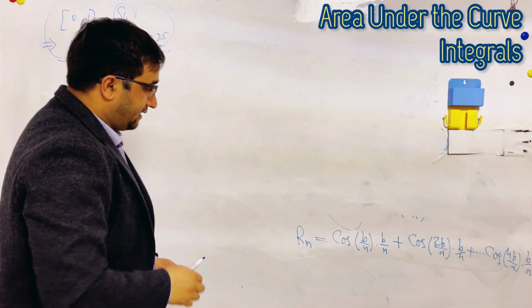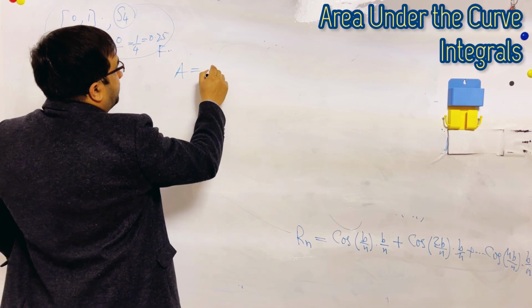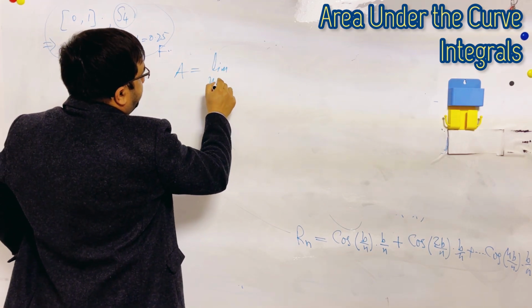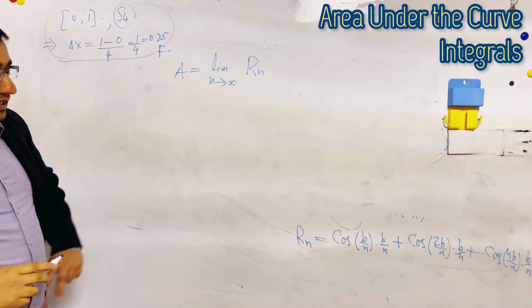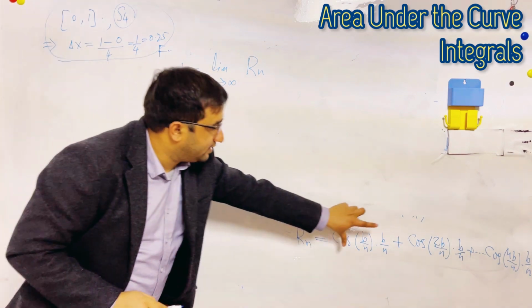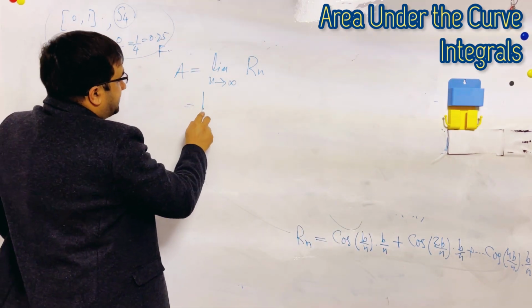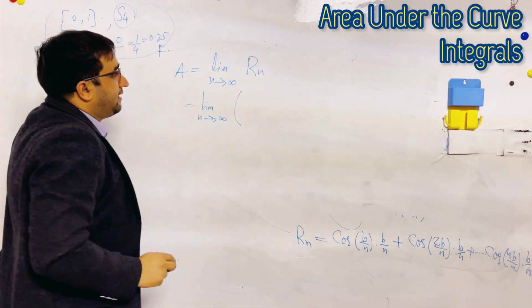Now I know that area is equal to the limit as n approaches infinity of Rn, and I have calculated Rn over there, so I can replace this Rn with this value. So it is the limit as n approaches infinity. What is Rn?